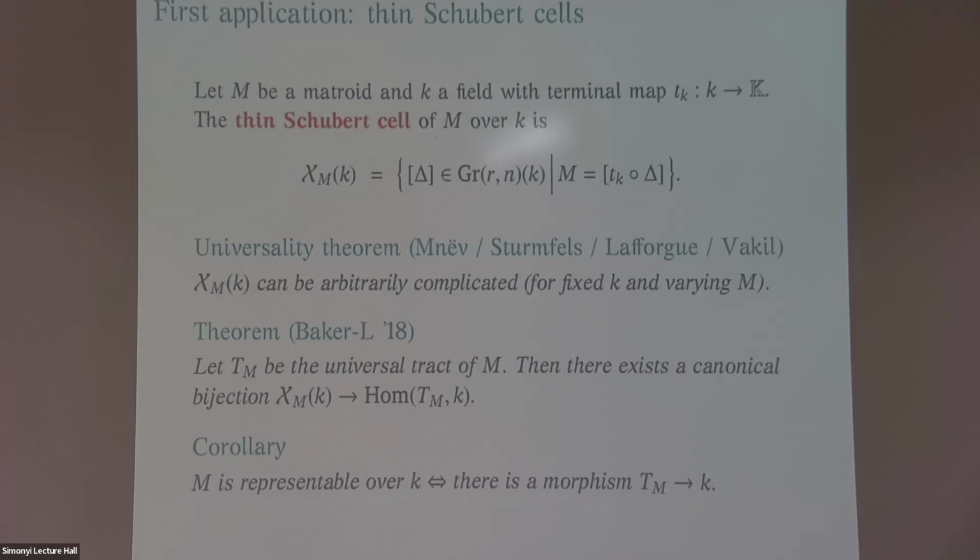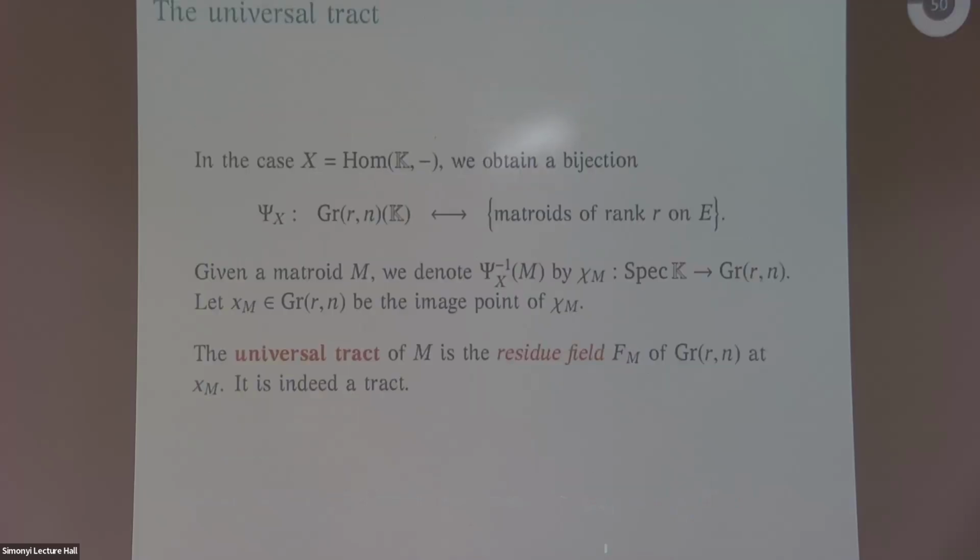You just put a definition of T_M. Okay, sorry. The residue tract, I think. Could you just go back three slides or two slides, whatever it was? Yeah, this is a typo, it's T_M. So we take a matroid, the corresponding point of the Grassmannian has a residue field, the universal tract. Residue field means it's a tract.